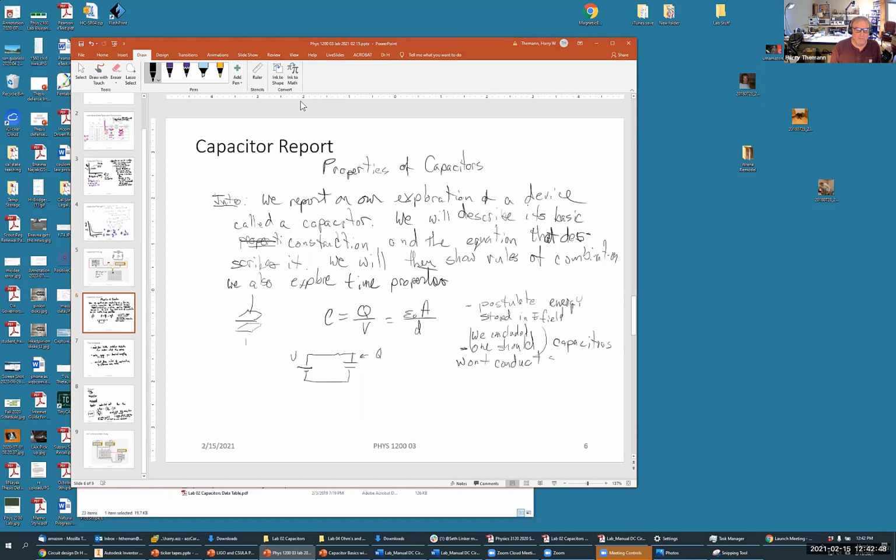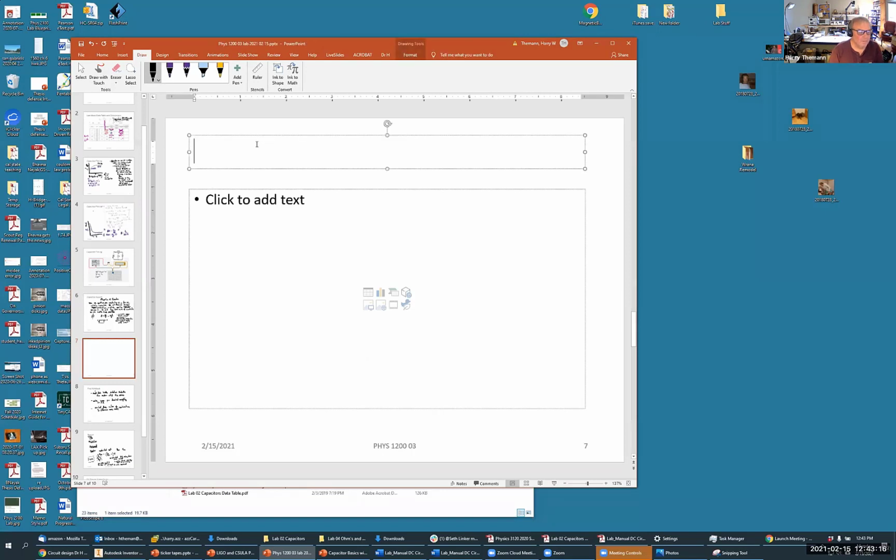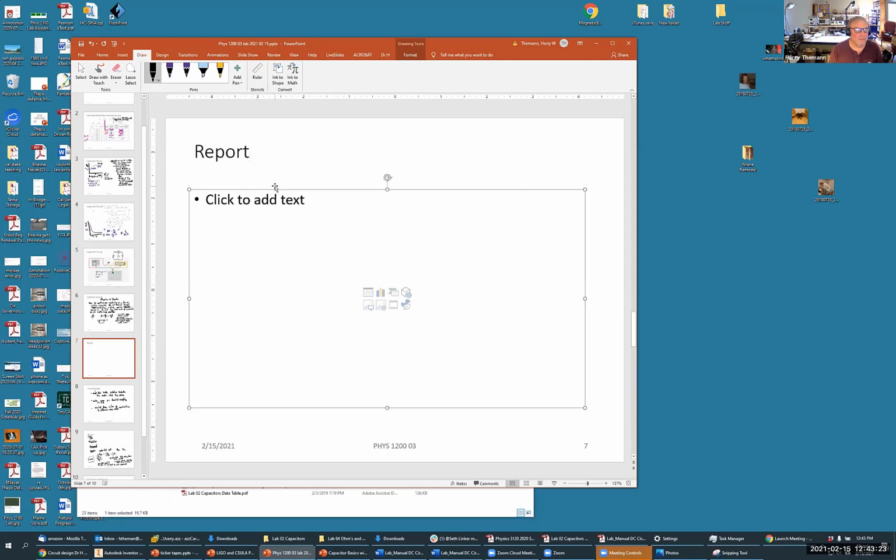We talked about this. They fill up with charge, and when they fill up with charge, they develop their own voltage, so they won't conduct steady state current, because you need that later on. And if you accept the model, then that's got to be true, right? I'll go back to the report. I hopefully people aren't freaking out on me there.